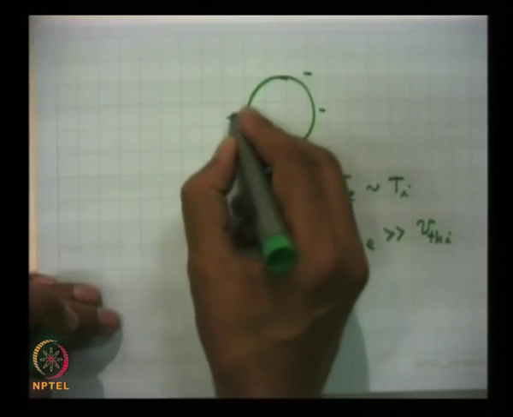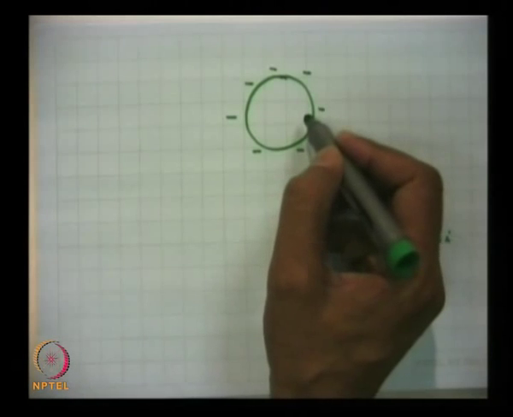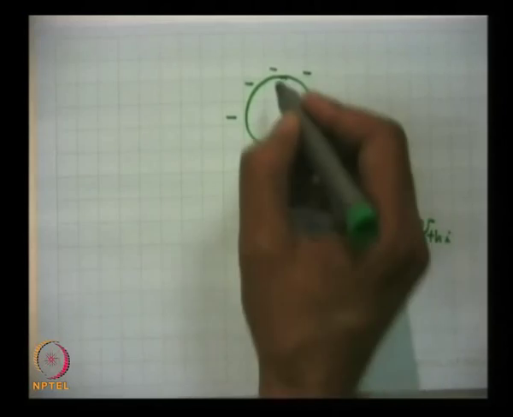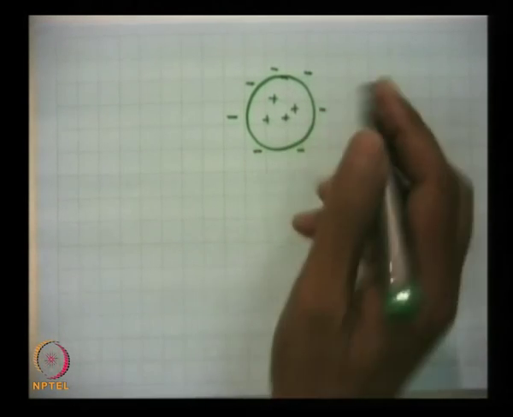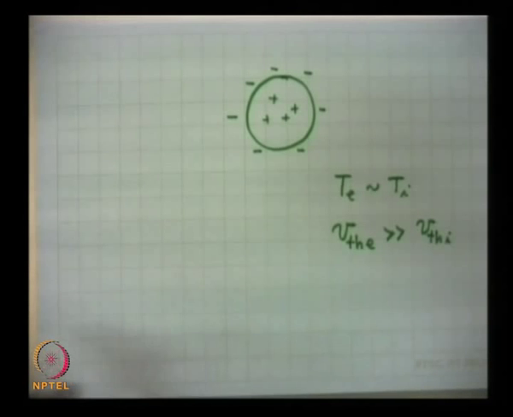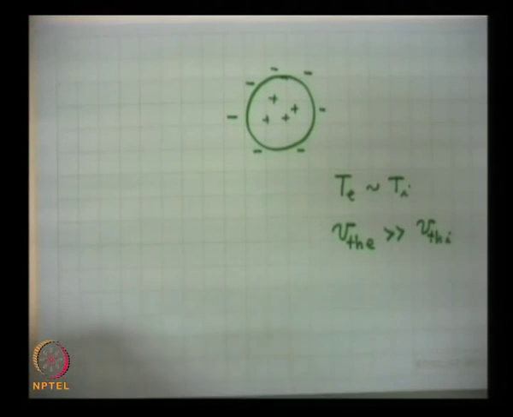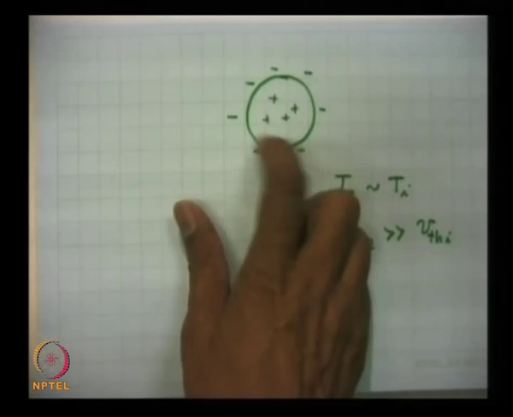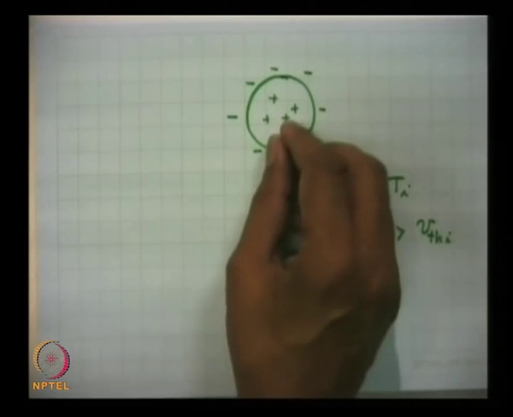They will come out here. However, when they come out, there is a net positive charge left behind, and that pulls these electrons back. So, the net positive charge is left inside, and that pulls these electrons back and does not allow the electrons to leave a distance more than a Debye length. But this positive charge will repel the ions themselves, and consequently ions will move out.